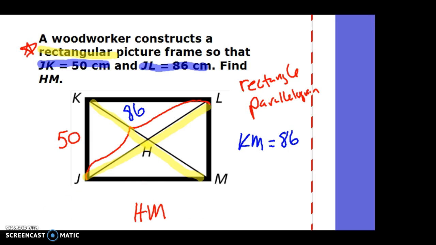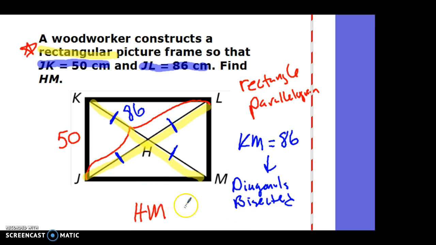Now, I can use what Clea said earlier. I can use property 4 of a parallelogram. Because it's a parallelogram, I know that the diagonals are bisected. Therefore, these two are going to be the same. In fact, all 4 portions of the diagonals are the same.